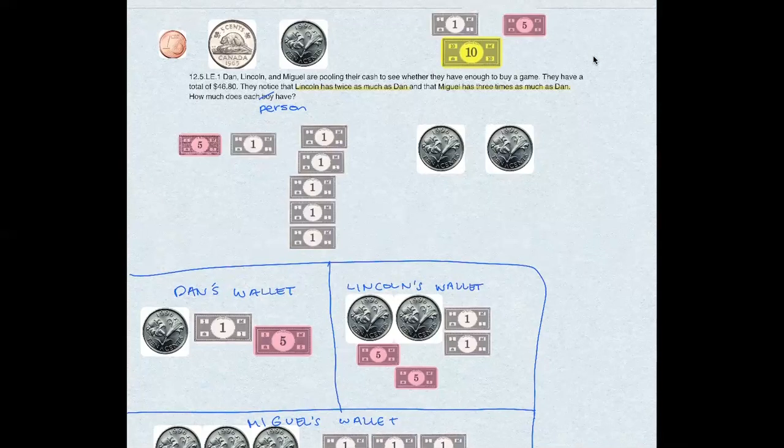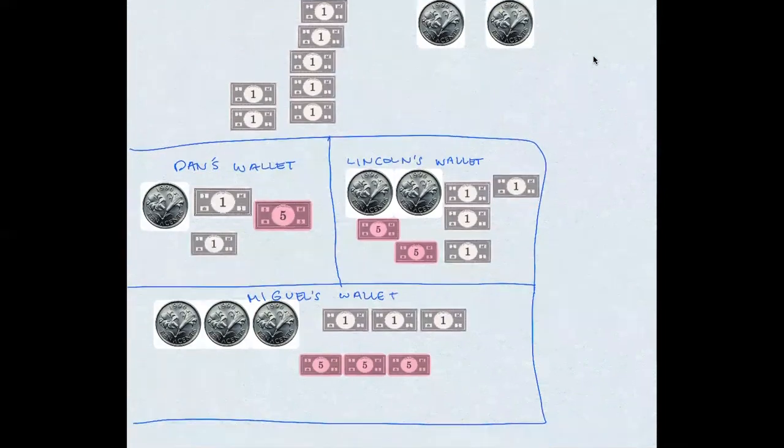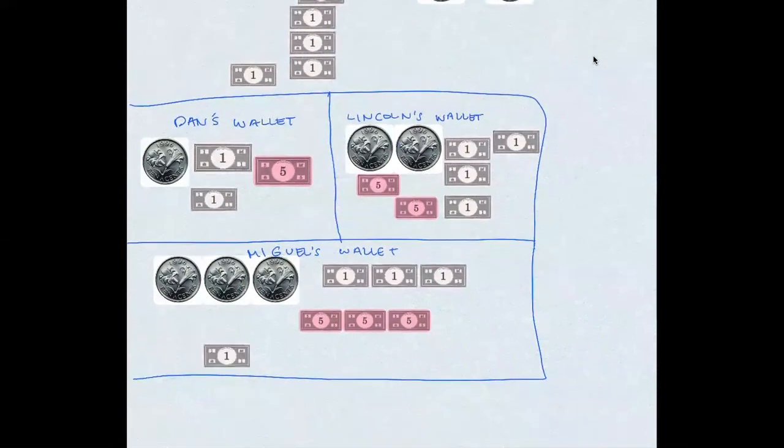One, two, three, four, five ones. And this $5 bill goes back. Same process as before. I'm going to give $1 to Dan, $2 to Lincoln, and $3 to Miguel.